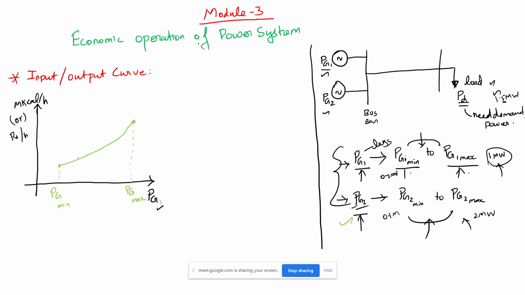In nuclear it is a base power plant, which should be turned on every time, or we can give the base load from the nuclear power plant. So I am not going to speak about hydro and nuclear. We are speaking only about thermal power plants for economic operation.